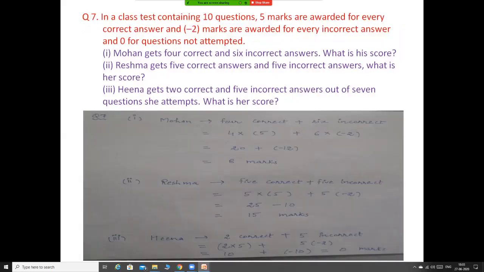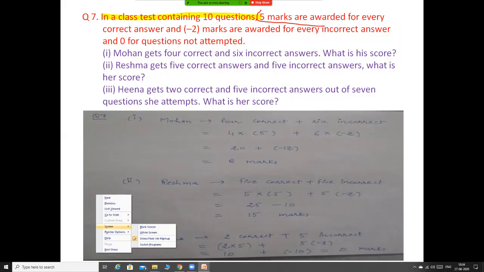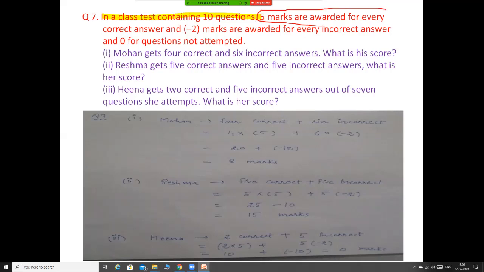Our next question, number 7. In a class test containing 10 questions, 5 marks are awarded for every correct answer, and for an incorrect answer, minus 2 marks.